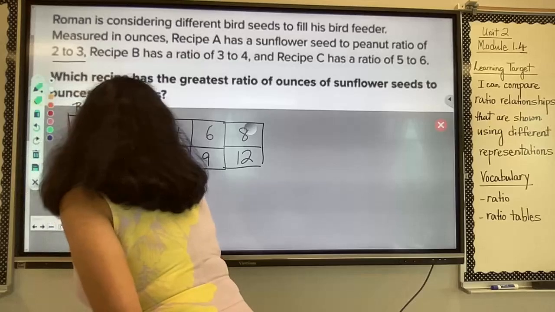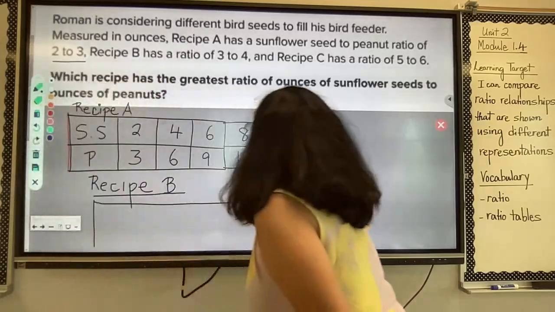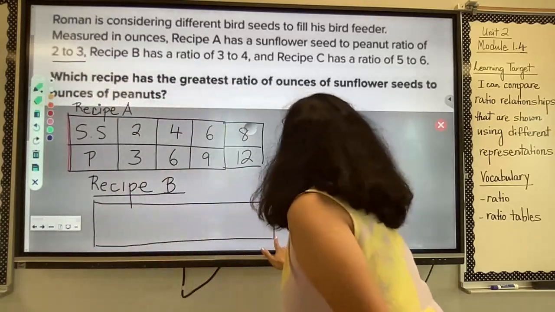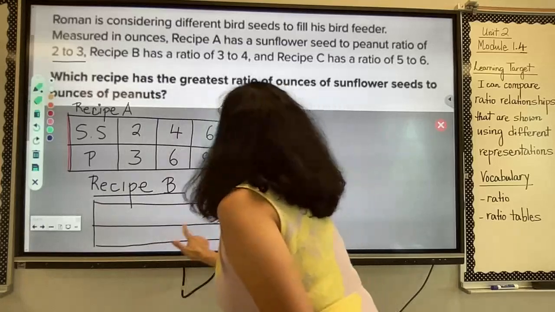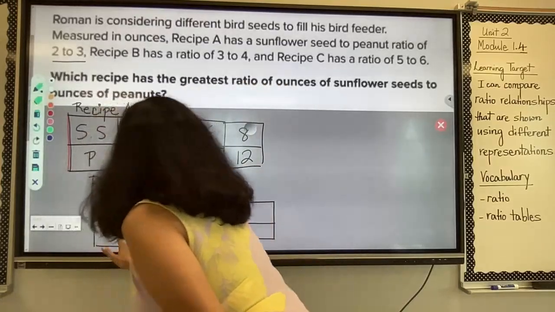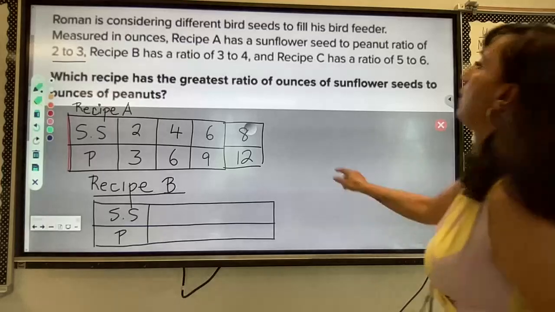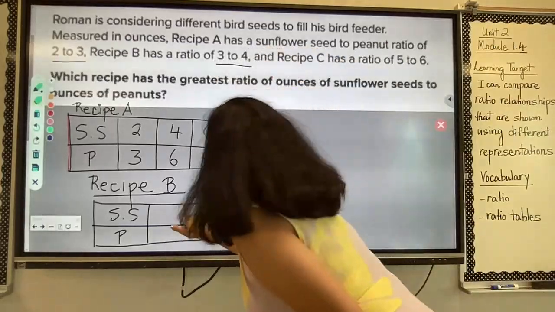Recipe B, and again going to draw a table, sunflower seeds to peanuts, and over here I have the ratio of 3 to 4.